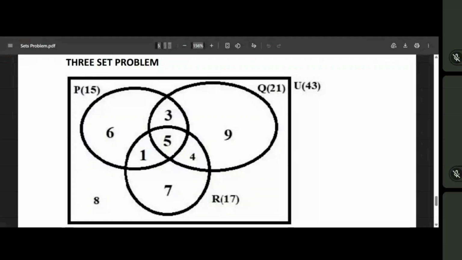And when we ask you how many people have exactly two diseases, yes, another technicality here, exactly two diseases. They have only two diseases. So the 3 there belongs to P and at the same time Q. So they have exactly two diseases.